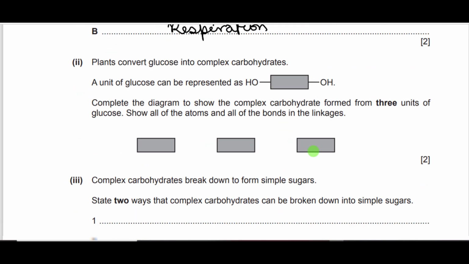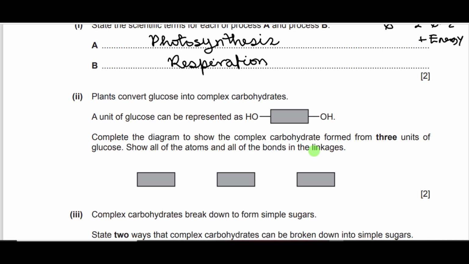Right. So let's move on. The next question says plants convert glucose into complex carbohydrates. Glucose, of course, is a type of carbohydrate, but it is a simple carbohydrate, or what we call a monosaccharide. This question says that plants can convert glucose into complex carbohydrates like starch.